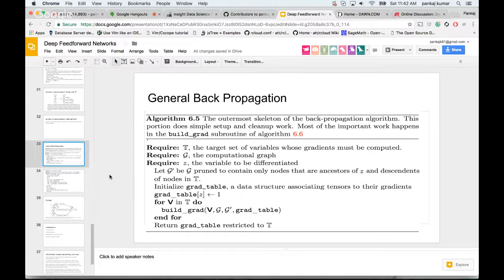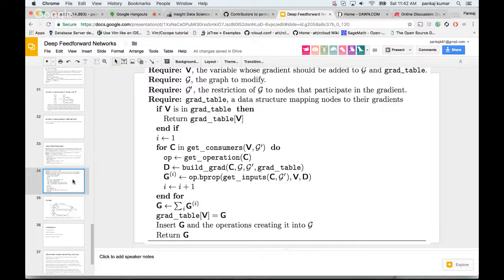Basically, the idea here is that in this grad table we have the gradient of each node as we compute them. We compute a gradient and put it in the grad table. If we are given that we need to compute the gradient for parameters in a node, then we go to each layer.